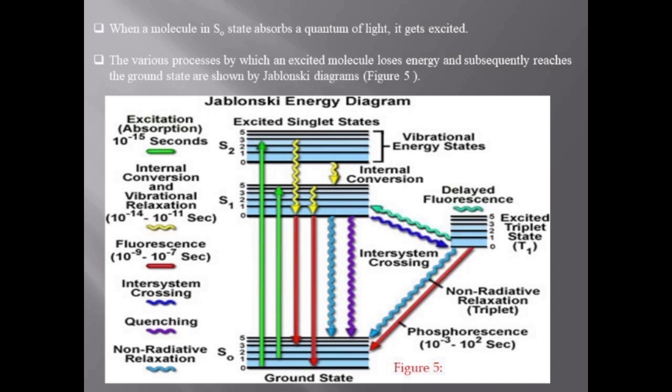These are the various lifetimes or time periods involved during the different processes. Suppose the molecule goes from the ground state to an excited state, and from there it will come to the lowest excited state S1, and then it will come back to the ground state.